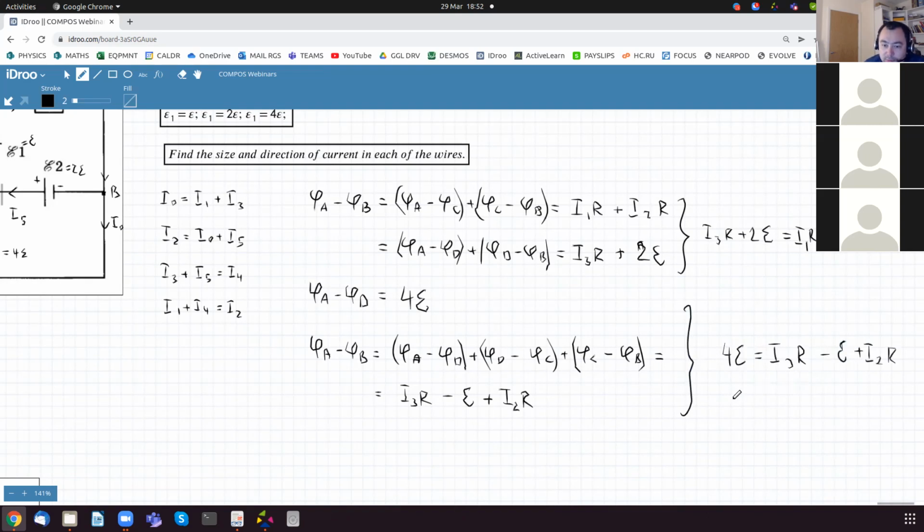Is that helpful? Well, yes. 5 EMFs divided by R is equal to I3 minus I2. And here we have 2 EMFs divided by R is equal to I1 plus I2 minus I3.